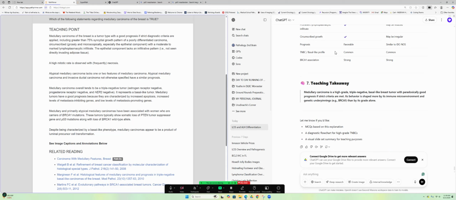The takeaway is that medullary carcinoma is a high-grade triple-negative basal-like breast tumor with paradoxically good prognosis if criteria are met. Behavior is shaped by its immune microenvironment and genetic underpinnings like BRCA1 more than by its grade alone.